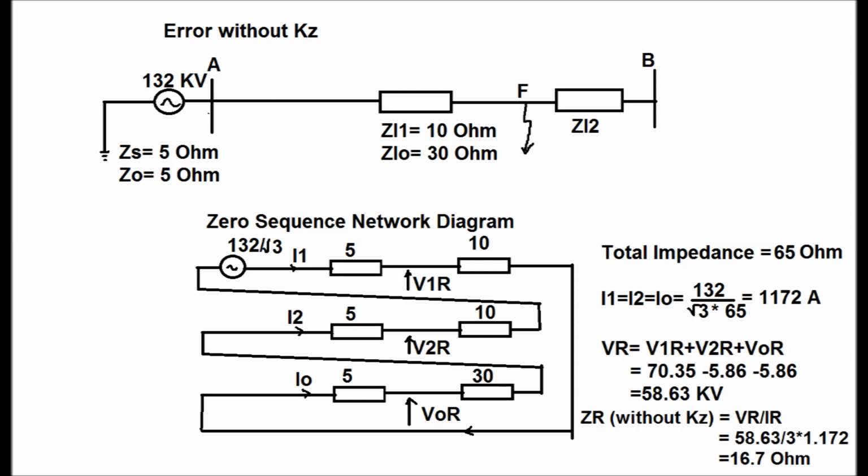So without the value of kz, the distance relay will underreach, and it may be that the fault occurs in zone 1, but the distance relay will see this fault in zone 2. So the zone location may change due to error from not considering kz, the zero sequence compensation factor.